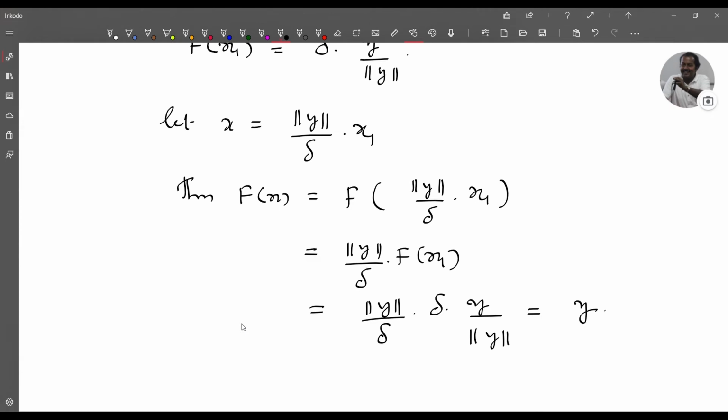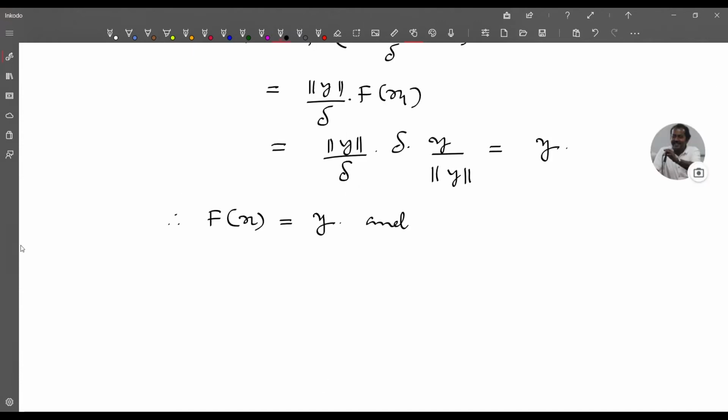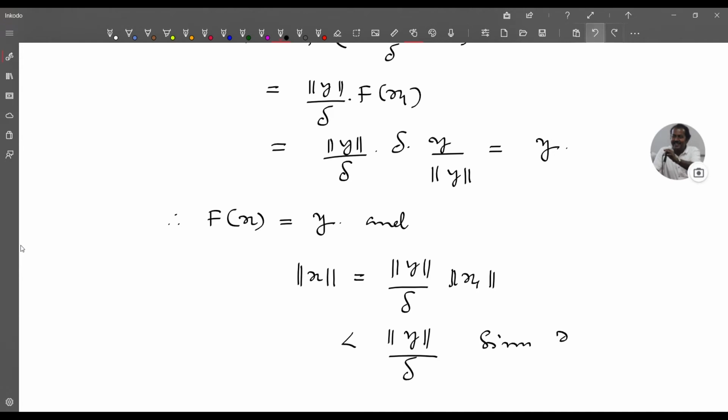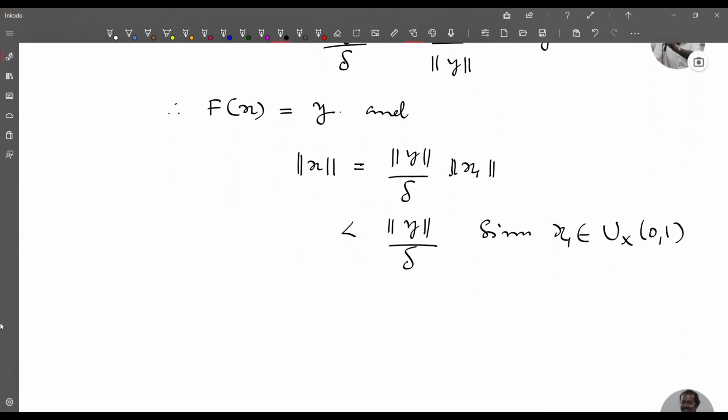Therefore, f of x equal to y. And norm of x equal to norm y divided by delta times norm x1. This is less than norm y by delta since x1 belongs to U_X(0,1), so its norm will be less than or equal to 1.